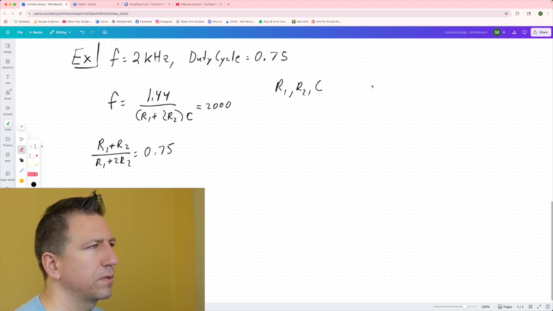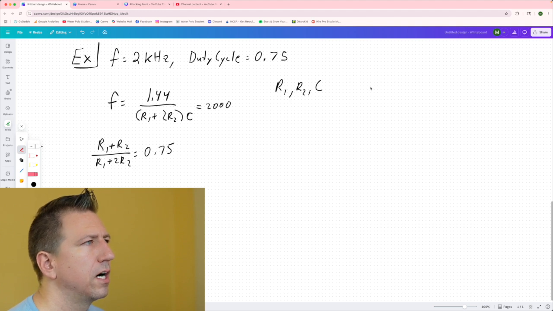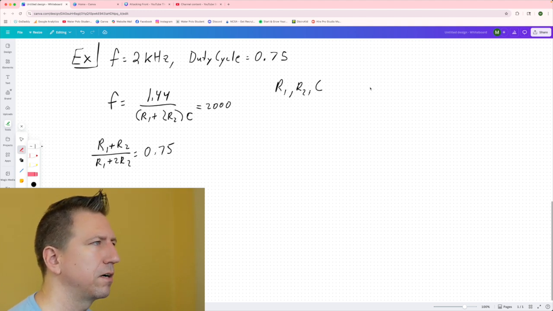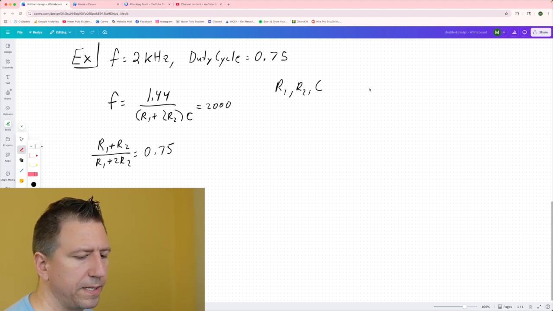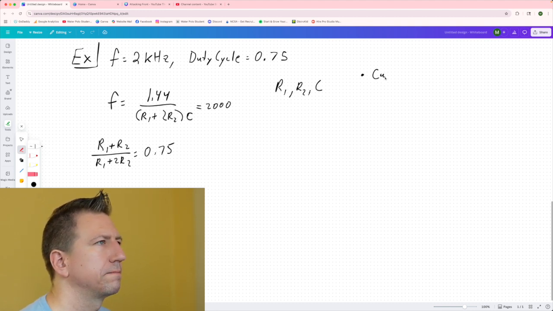I think the typical method for design is to choose a nice capacitor that you want to use, and then from there find out what R1 and R2 are supposed to be. But one thing to consider is current. Current should be managed. And in this situation, we want current in the milliamp range.